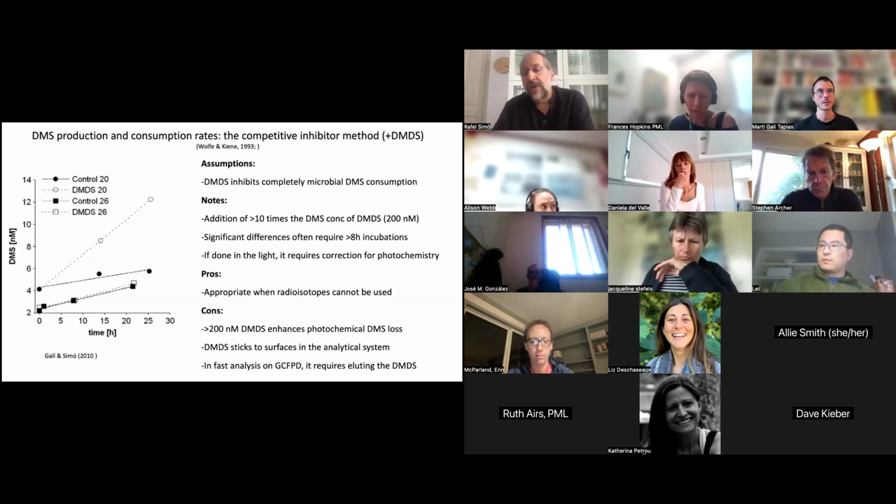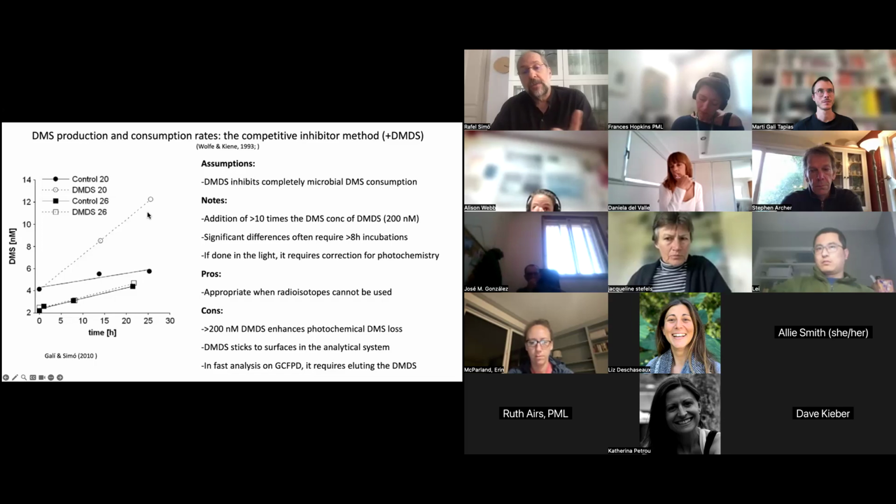And if you are doing very fast measurements of DMS by GC-FPD, and then you add the DMDS, you have to elute this DMDS that you added, so you have to wait longer, and this is not that fast anymore.